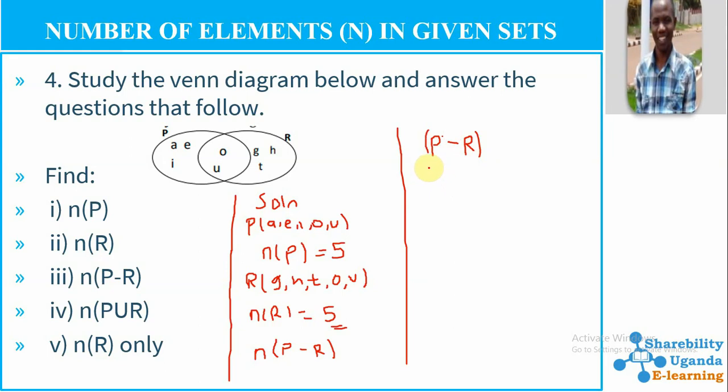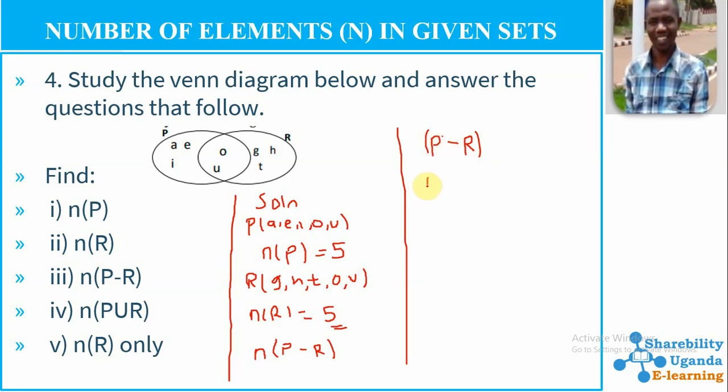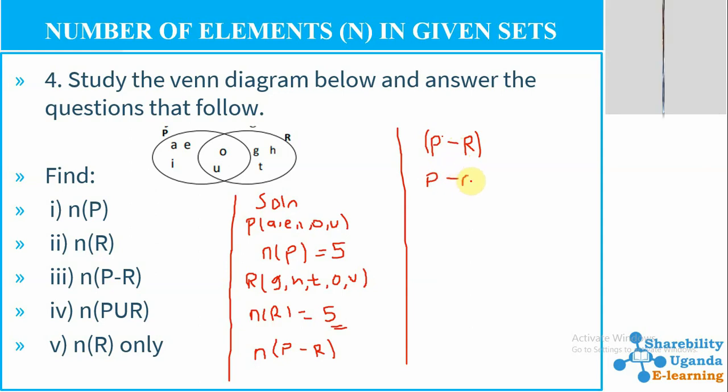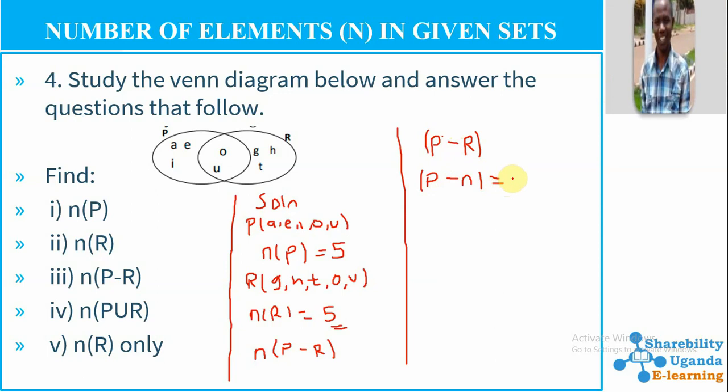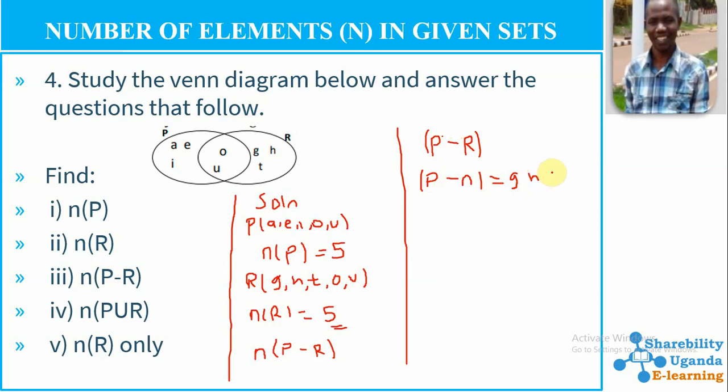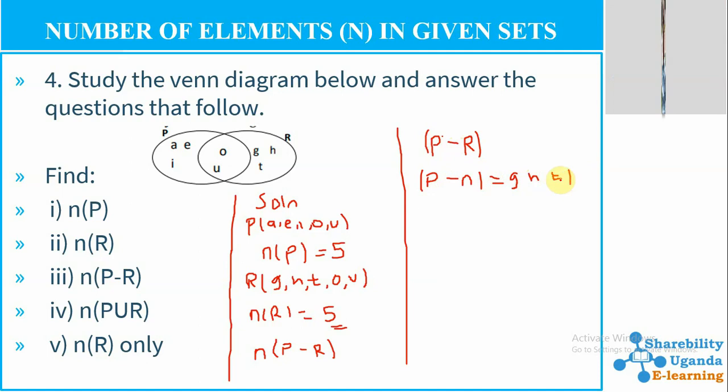There are members that are shared between these two sets. That means for us to get P minus R, we take P minus the intersection. So when we say minus the intersection, we shall have G, then H, then T. Why are we listing only these members?